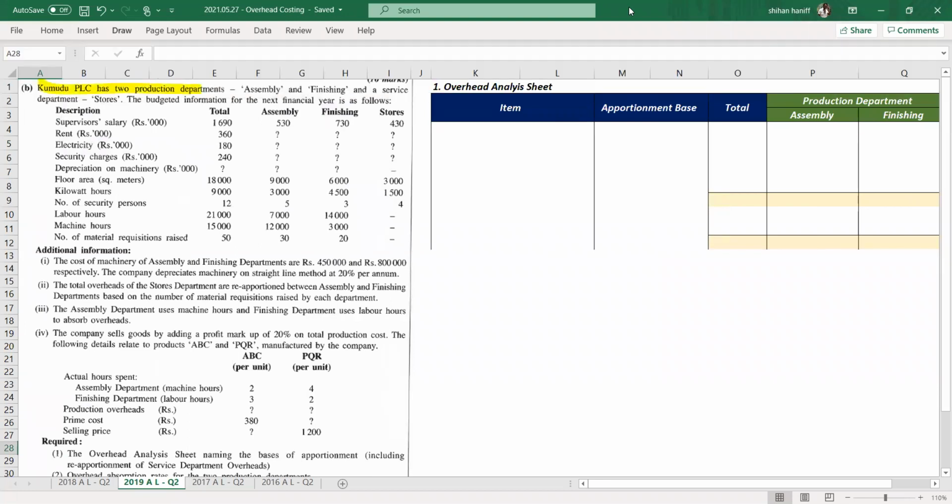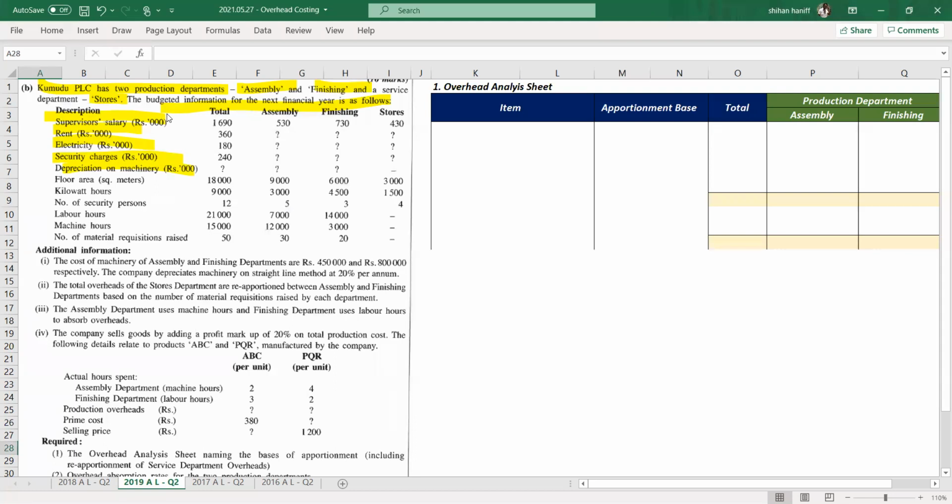Kumudu PLC has two production departments, assembly and finishing, and a service department, stores. Budgeted information for the next financial year is as follows: supervisor's salary, rent, electricity, security charges, depreciation on machinery.